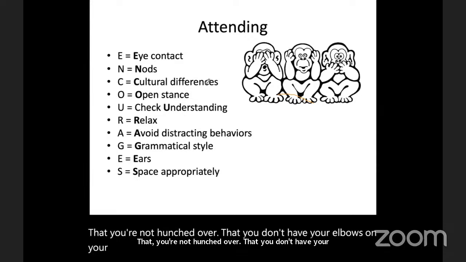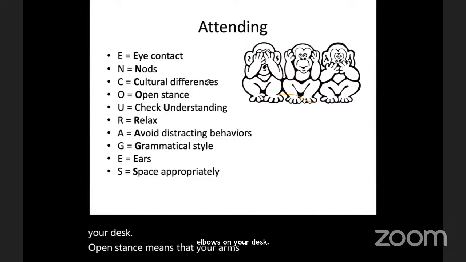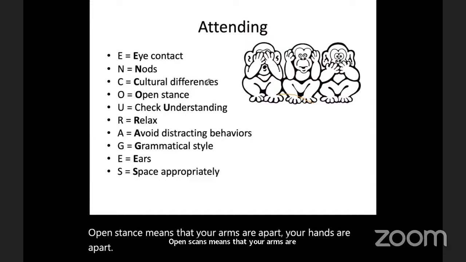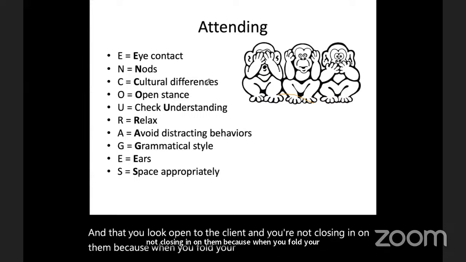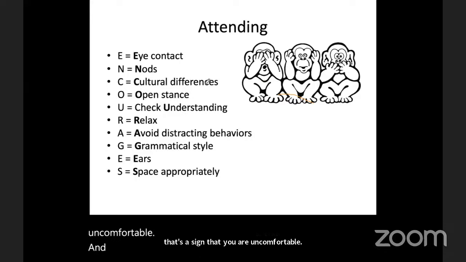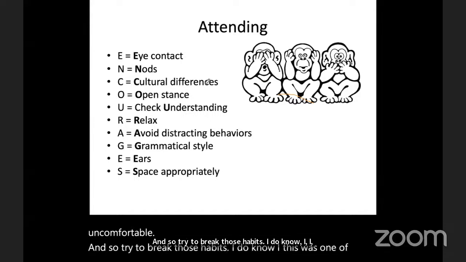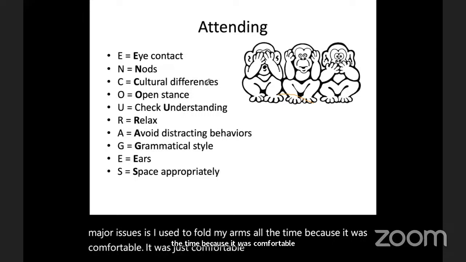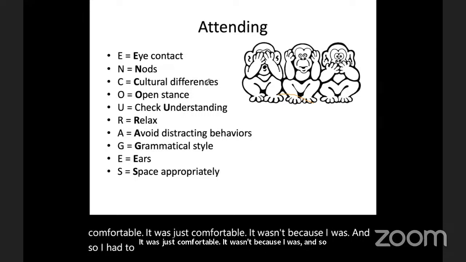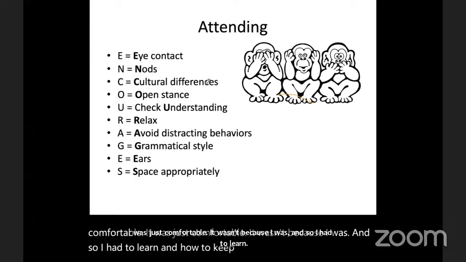Open stance means that your arms are apart, your hands are apart, and that you look open to the client and you're not closing in on them, because when you fold your arms, that's a sign that you're uncomfortable. And so try to break those habits. This was one of my major issues, I used to fold my arms all the time because it was comfortable. It wasn't because I was uncomfortable, and so I had to learn how to keep my arms from doing that.